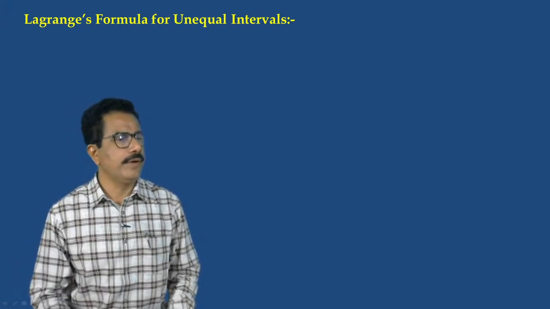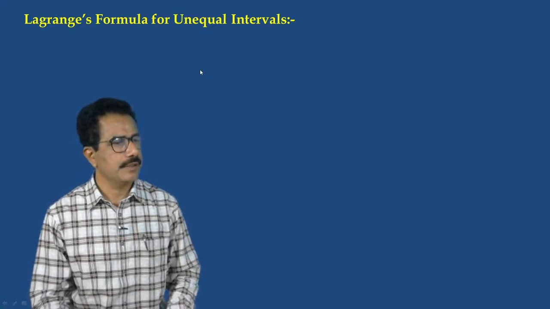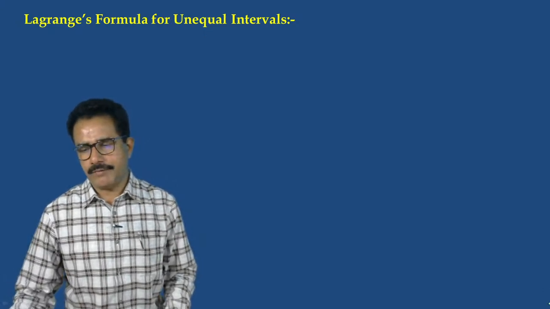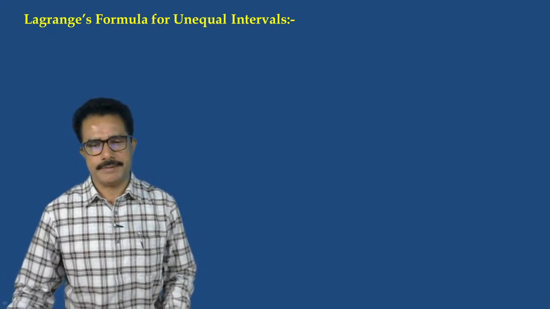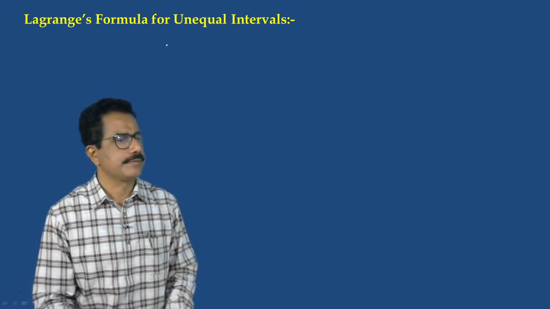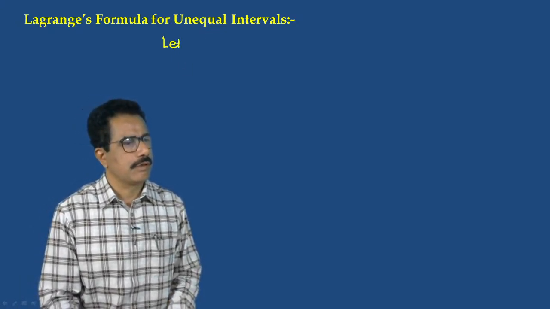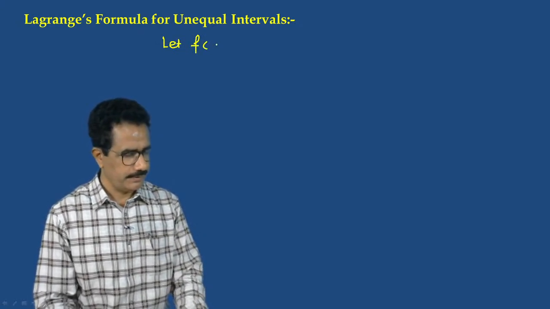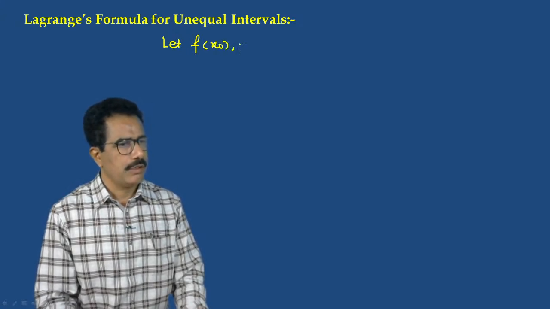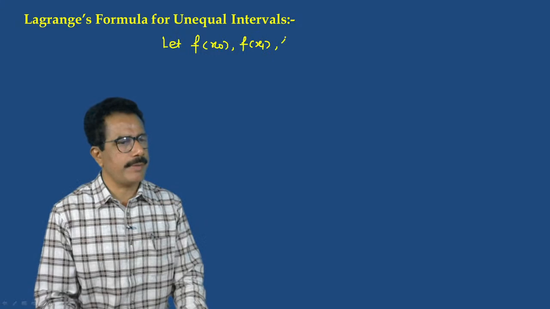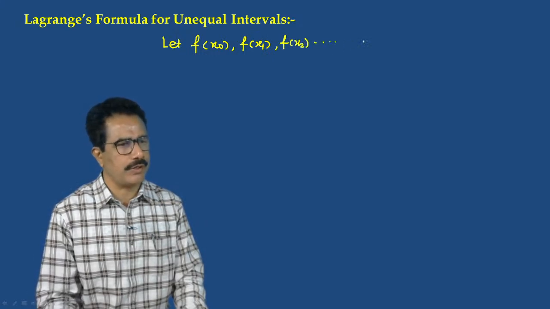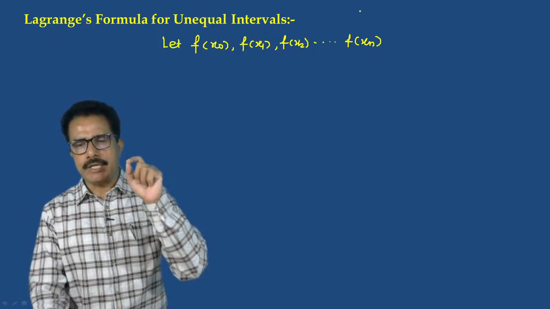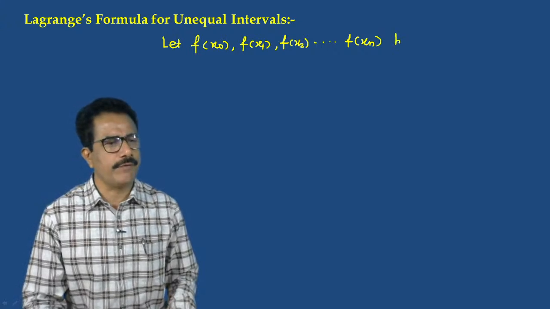So the proof of that is, see, Lagrange's formula for unequal interval we shall discuss here. Let f of x0, f of x1, f of x2, dot dot dot f of xn be the values of a function y is equal to f of x.